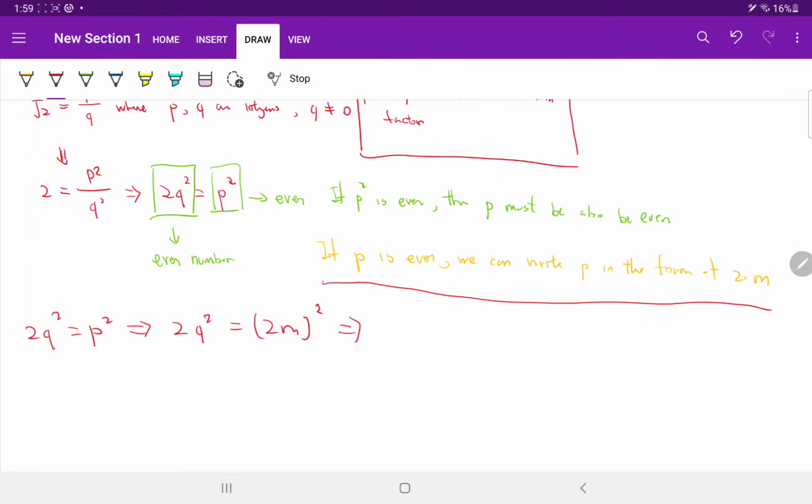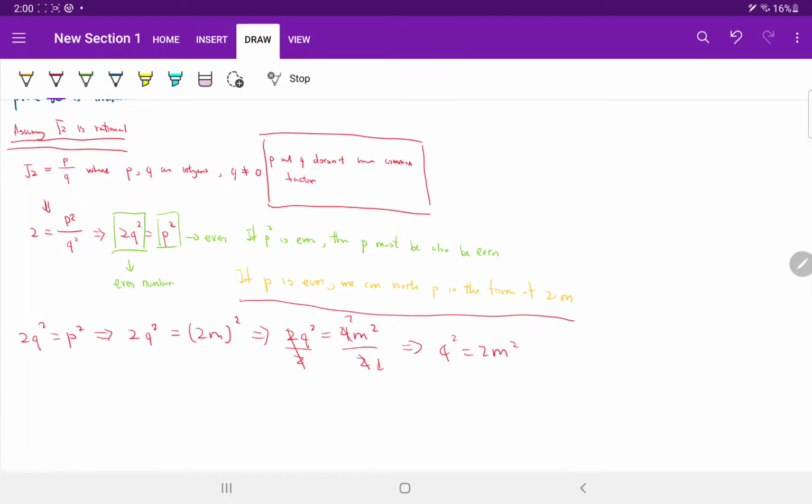So what is (2m) squared? It is 4m squared. How do we further simplify this? Well, we divide both sides by 2. The 2 cancels out, leaving q squared equal to 2m squared.